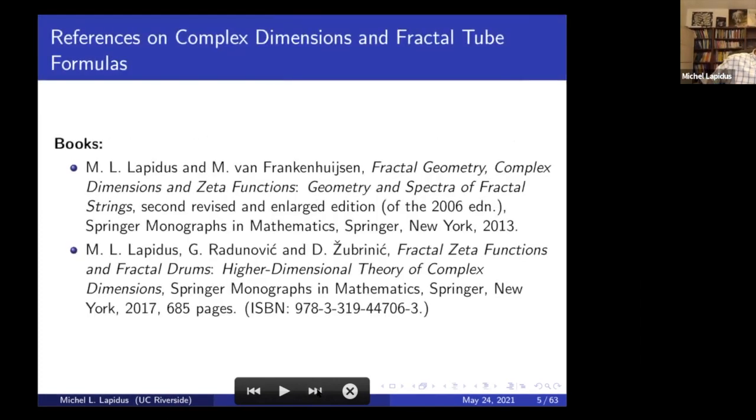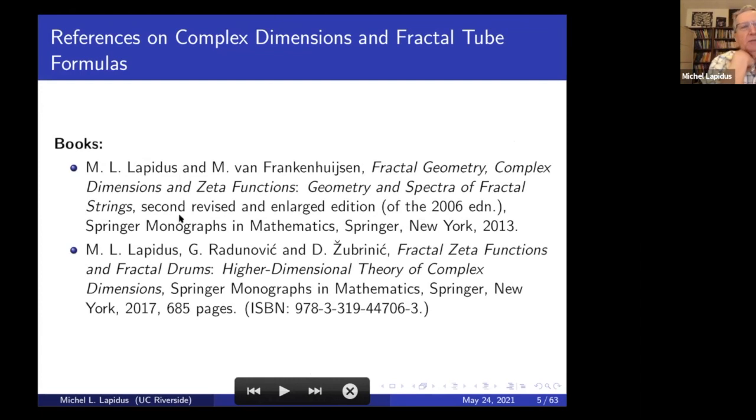Okay, now the general references explaining the theory of complex dimension, not in the context of p-Adic analysis, but in the context of either Euclidean analysis or metric spaces, are provided in many books and papers of mine and with various collaborators, but especially in those two books.